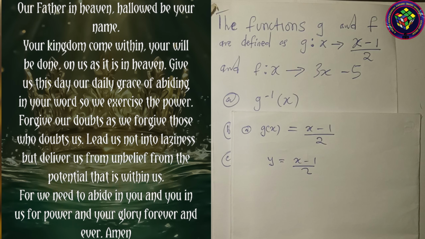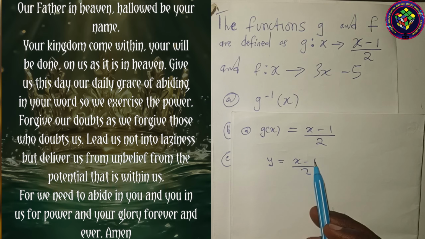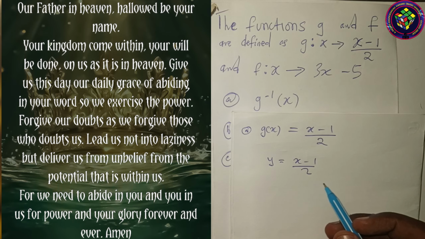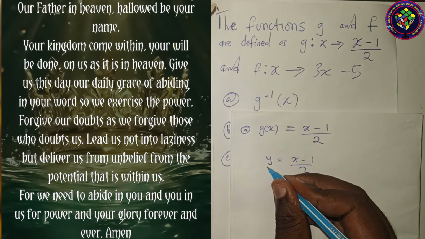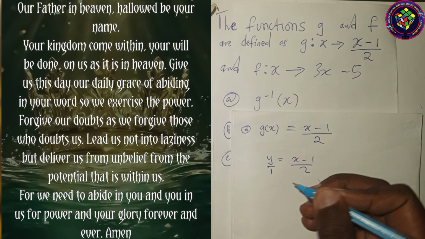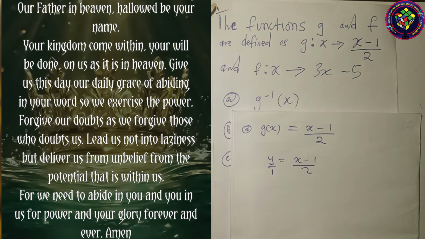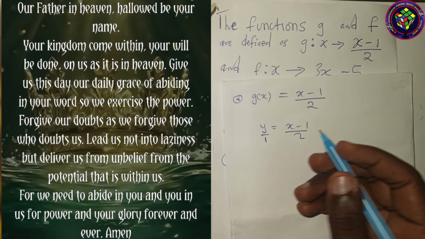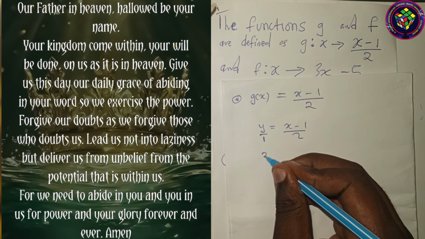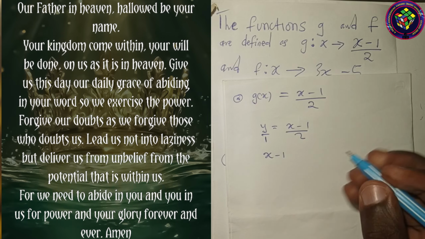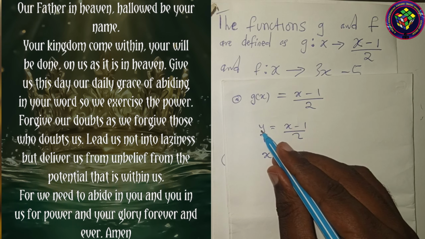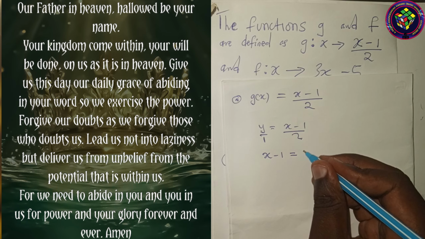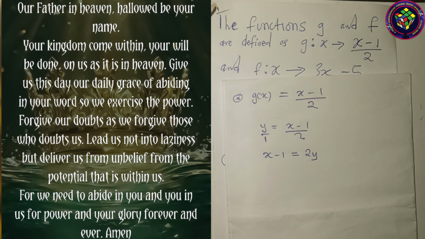So we can see that this side of the equation is a fraction, so even this one can be a fraction. So you say over 1. Then you cross multiply. So say 1 multiplied by x minus 1, you get x minus 1 equals y multiplied by 2, you get 2y.